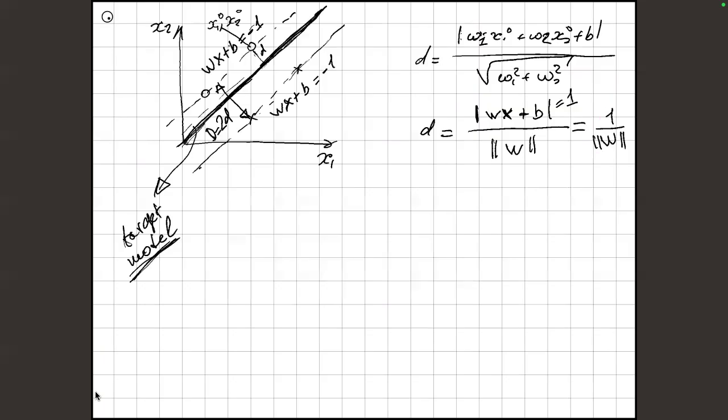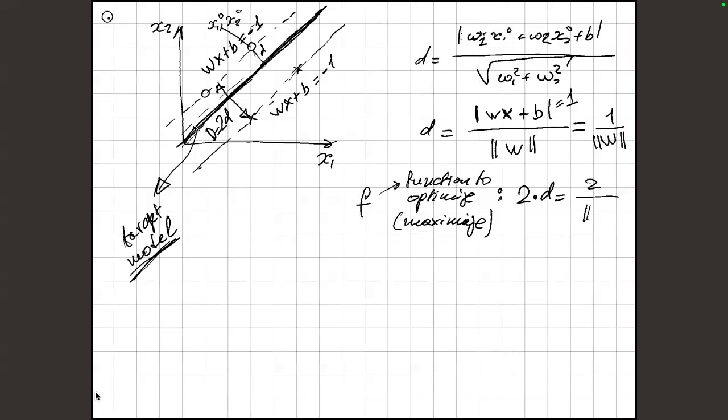This allows us to formulate f, the function to optimize, or actually maximize, which is 2 multiplied by d, which is 2 divided by the norm of w.